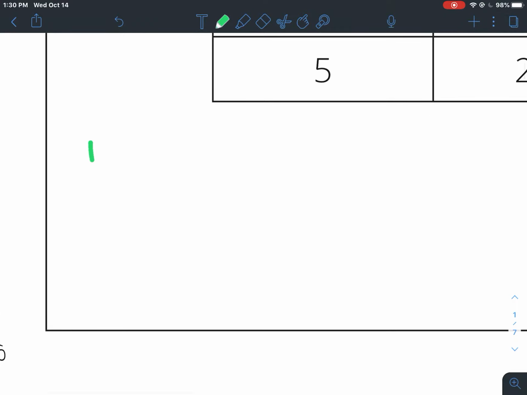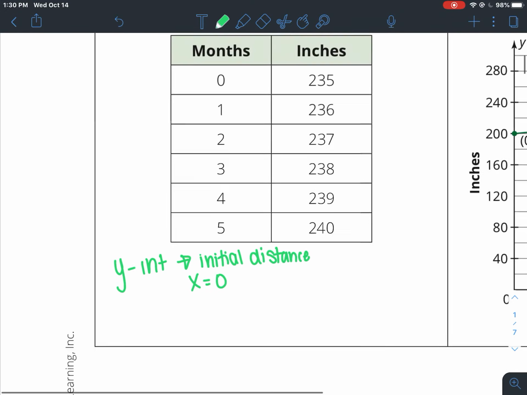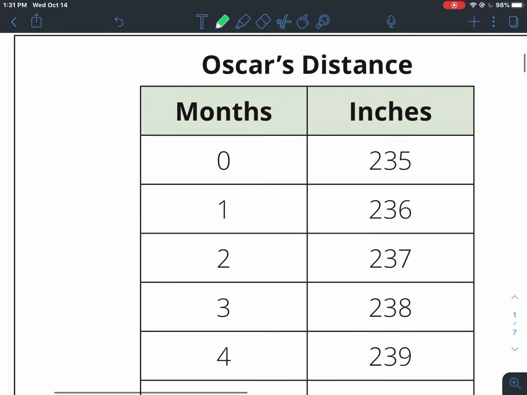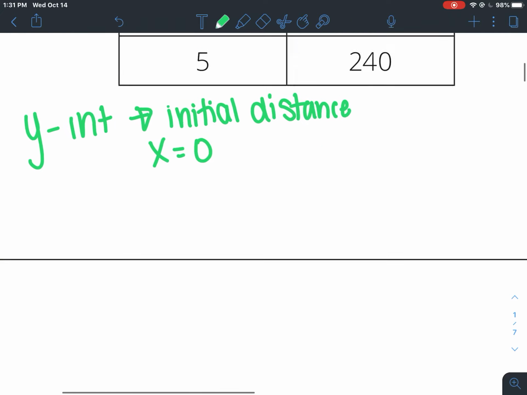Okay, so y-intercept is going to be our initial distance, or when x equals 0. So looking at just Oscar, remember, months is an x value, inches is a y value. So right here, x equals 0. So this is my y-intercept. And I'll write it as a coordinate, x comma y.